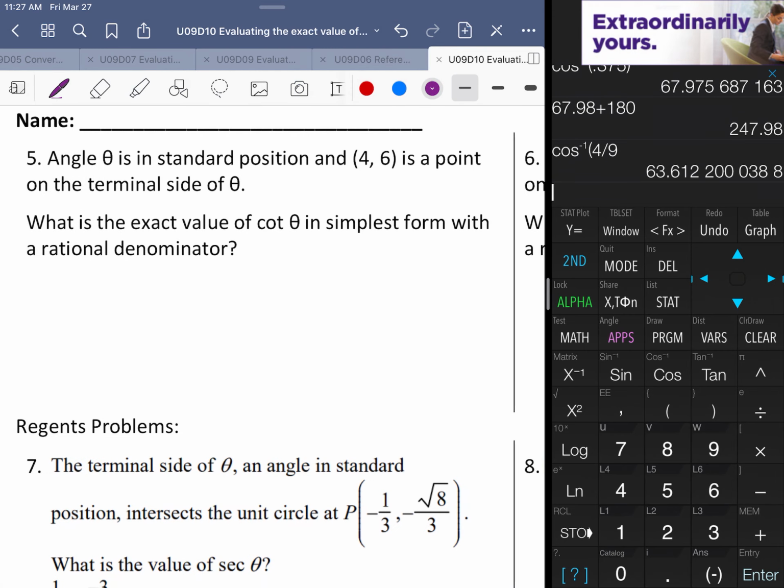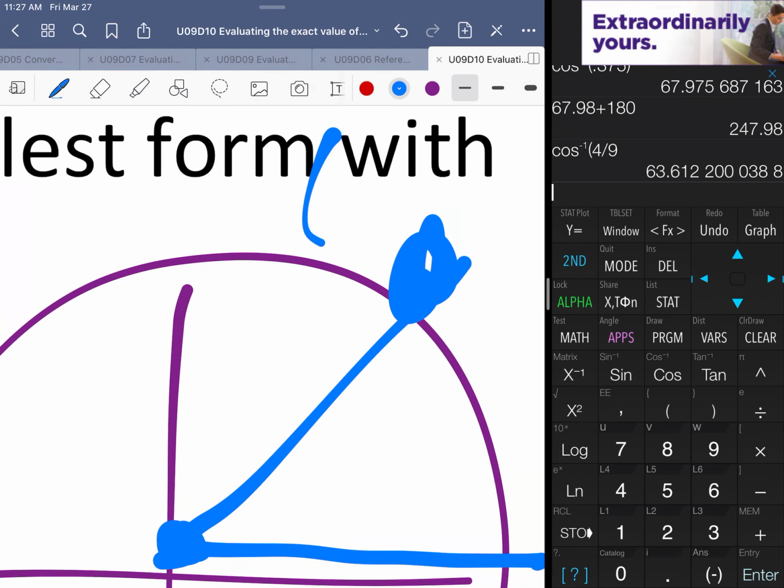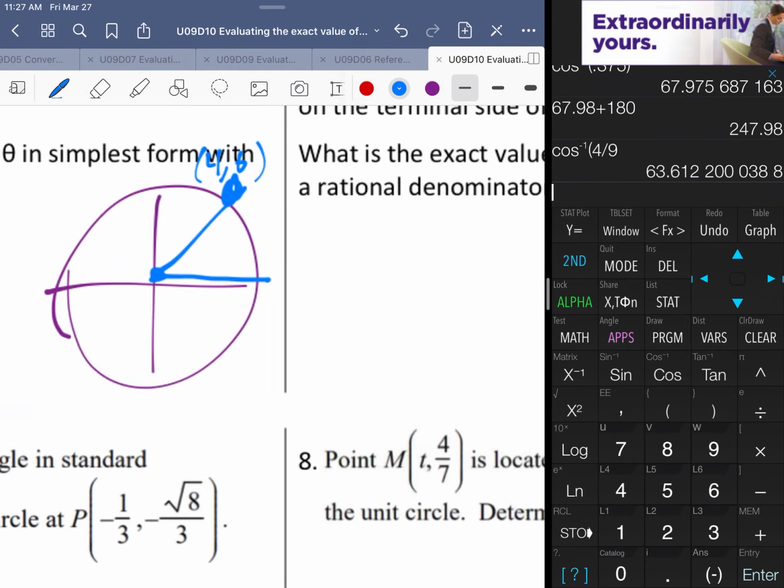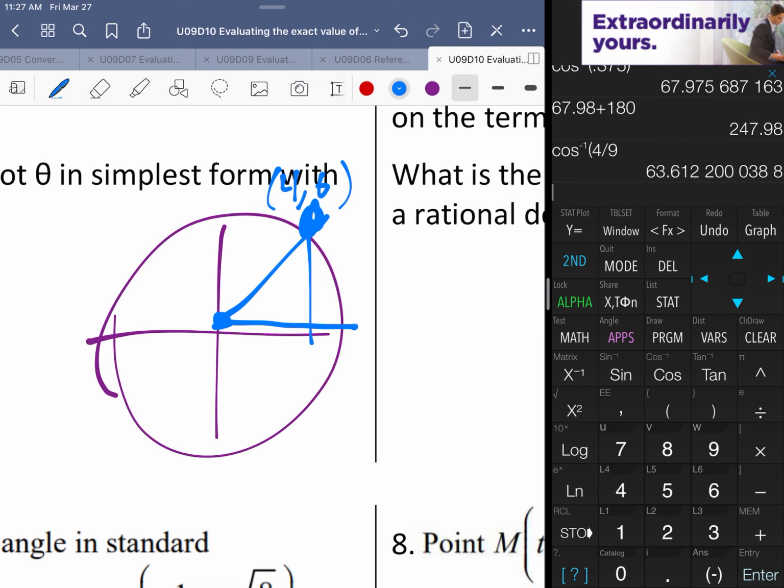Now, this particular question says, number 5, that there's an angle drawn in standard position that passes through the point (4, 6). Now, because it's (4, 6), it's obviously not on the unit circle, because that would make this circle way too big.